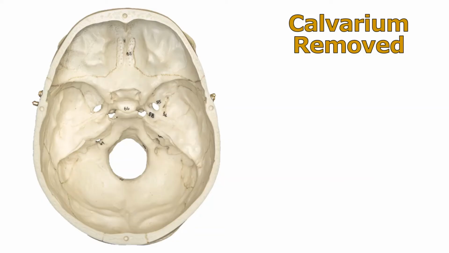So, as I just queued up, the calvarium here is removed. Now we can see the base of the skull from the inside though, right? And we can see a lot of things we couldn't maybe see before. So if we want to see some of these holes in the skull that are much deeper, or you want to see some of these bones that are hard to see from the outside, you can look inside.